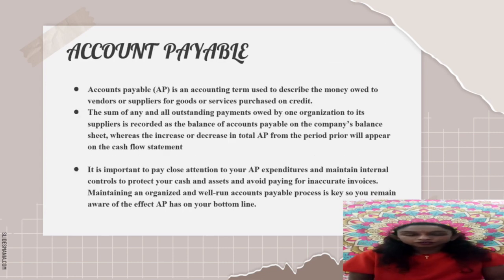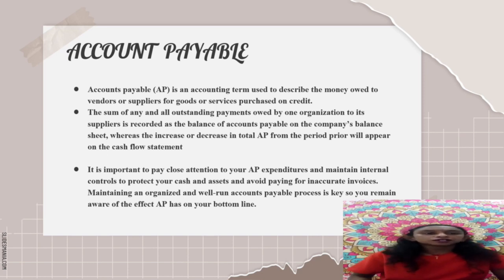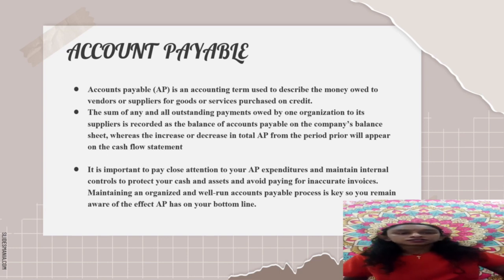My explanation will be on accounts payable. Accounts payable is an accounting term used to describe the money owed to vendors or suppliers for goods or services purchased on credit.